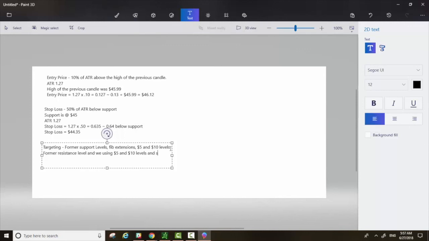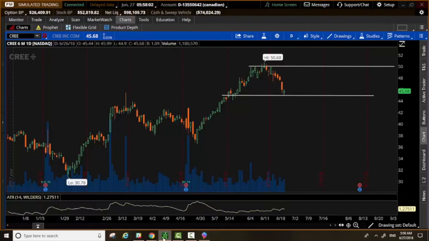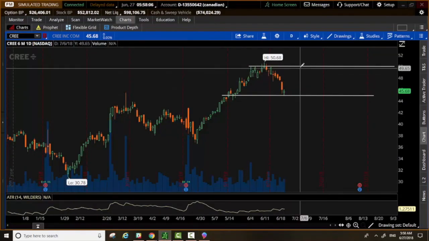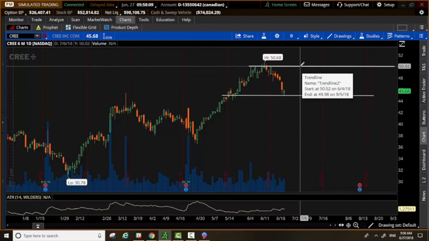And so our first target would be the $50 price point for Cree. Okay. All right. So now we have three pieces of information. We have an entry above here, we have a stop below here, and we have a reasonable target of where this can go. Okay, so we're starting to set up for a trade now.